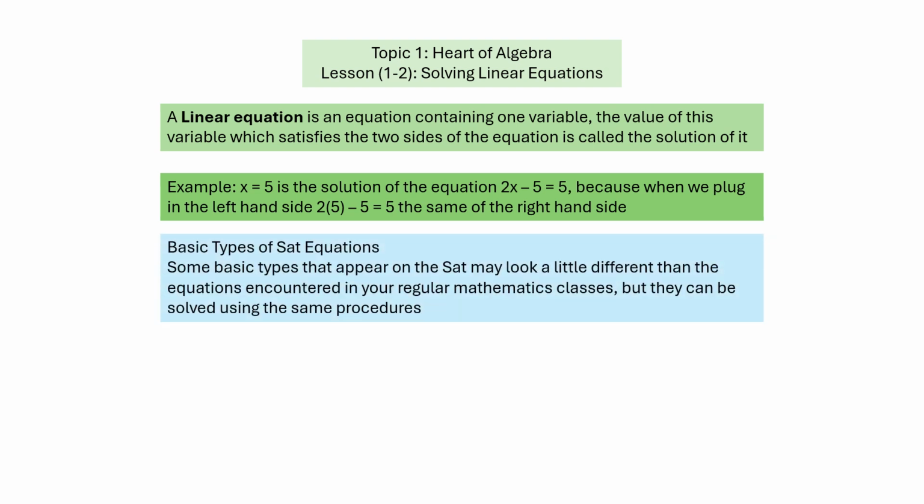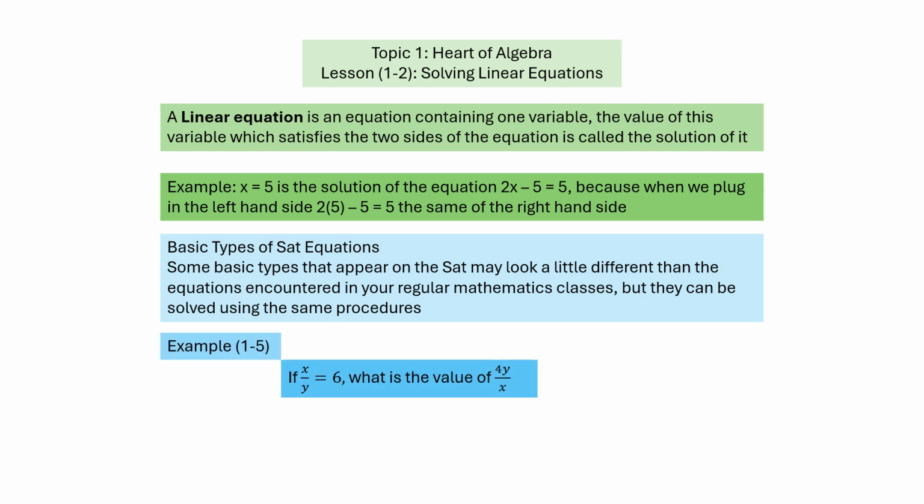Basic types of SAT equations. Some basic types that appear on the SAT may look a little different than the equations encountered in your regular mathematics classes, but they can be solved using the same procedures. Example 1.5.